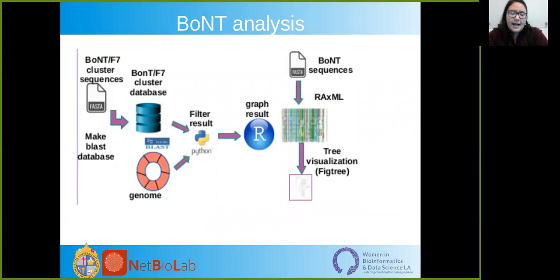Finally, we performed a BoNT analysis. We downloaded the BoNT F7 cluster from NCBI. We created a database and evaluated the presence in these strains.